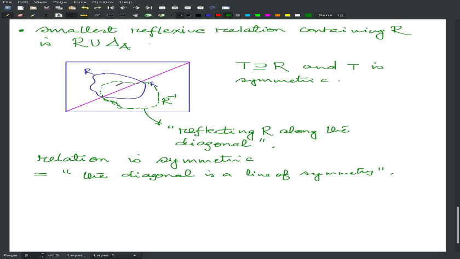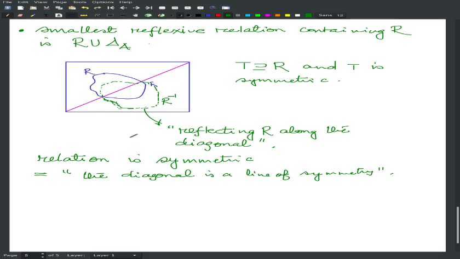Now my question is, I have given you a general R. Looking into this scheme of reflecting along the diagonal, how can I find a subset T which would have the diagonal as its line of symmetry and would contain R? Obviously there is one: the whole thing.